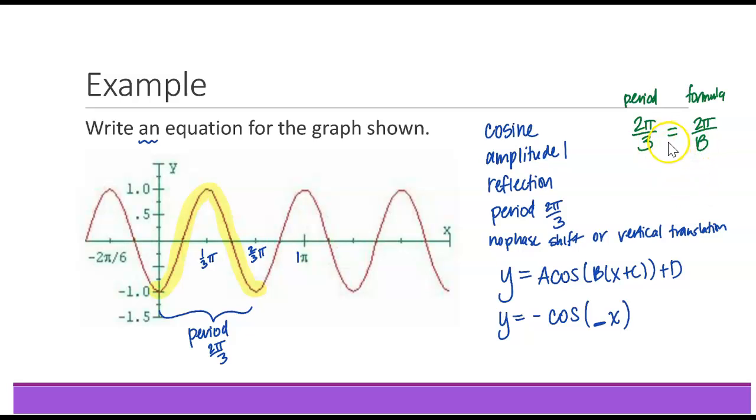This actually happens to be a really nice, easy problem because I need to know the value of b to stick in right here. Well, just look across the denominators. If 2 pi over 3 has to equal 2 pi over b, then 3 has to equal b. So we're just going to come down here and replace that missing value with a 3. So negative cosine 3x is an equation for the graph that is shown.